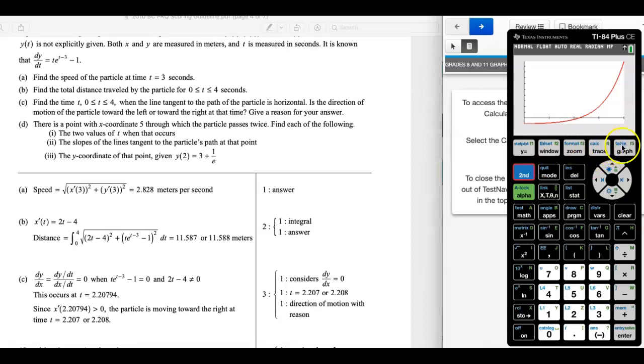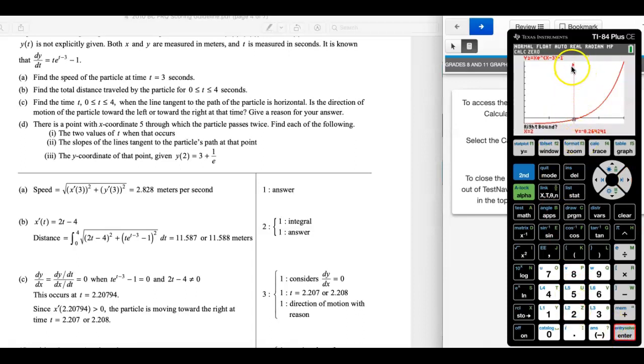So we're going to go up to second, calculate, and choose option 2, which is the zero. Some of you have scrolled along the graph using the arrows in the graphing calculator. What I'm going to do is just take a look at my values. I know this x-intercept is between 2 and 3. So when they ask for a left boundary, I'm going to type in 2 and hit enter.